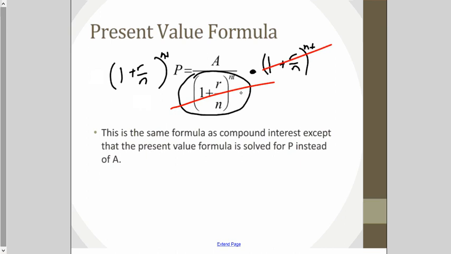And now look at the formula that I have. It's a little hard to see, but it really says A equals P times 1 plus r over n to the nt power. This is the same formula. They just isolated it and solved for P.